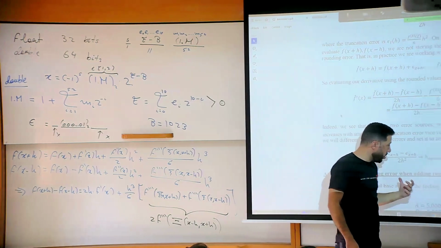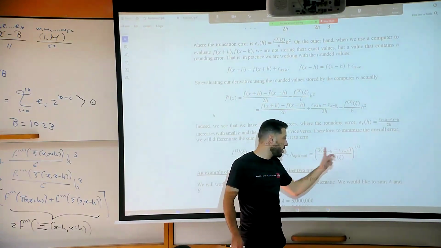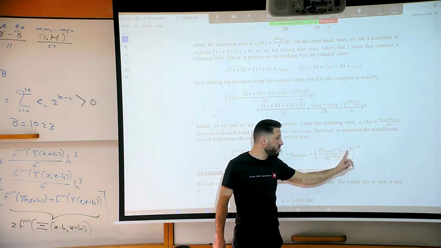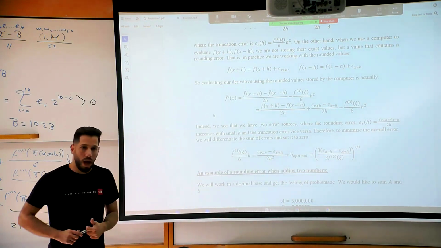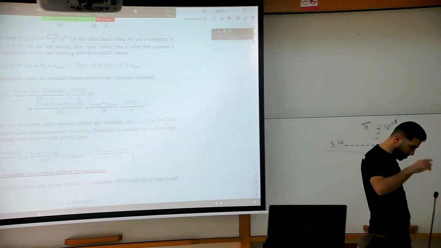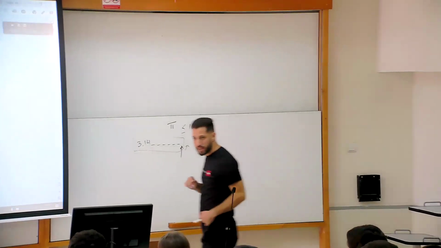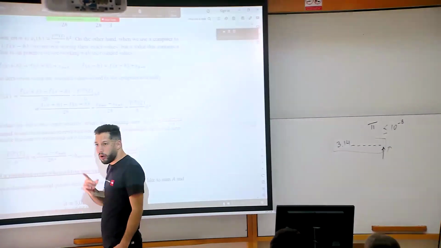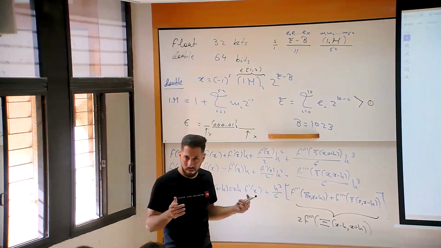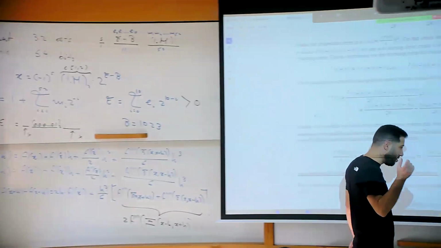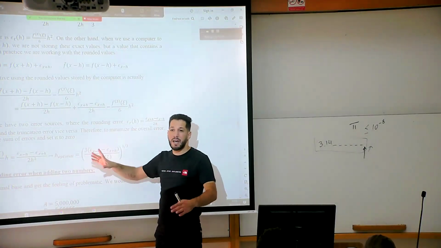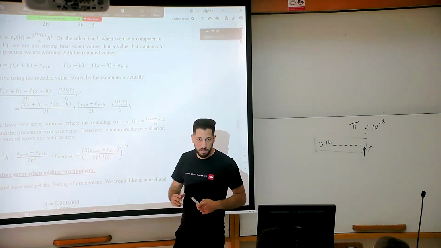So maybe these cancel. This is the epsilon of x minus h, and this is the epsilon of x plus h. We don't know exactly what the value of the function is at x minus h and at x plus h, and maybe the same error would be there, and maybe not. It's for us somehow random. But we can think that there are ranges that give somehow a constant difference between them.